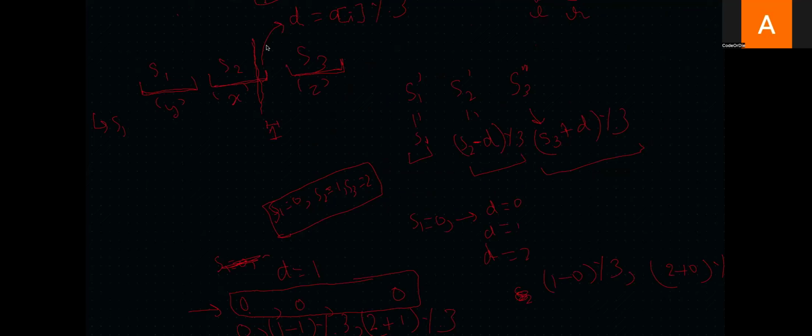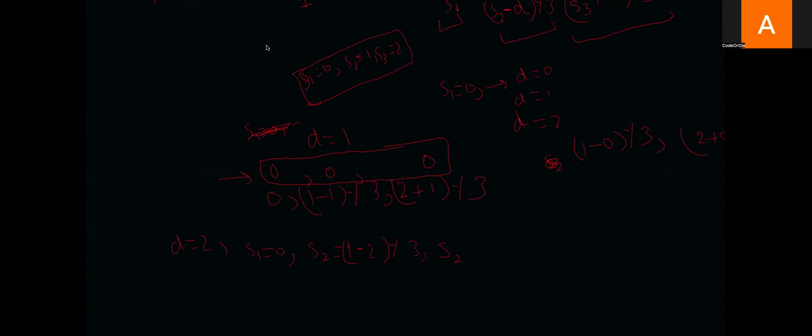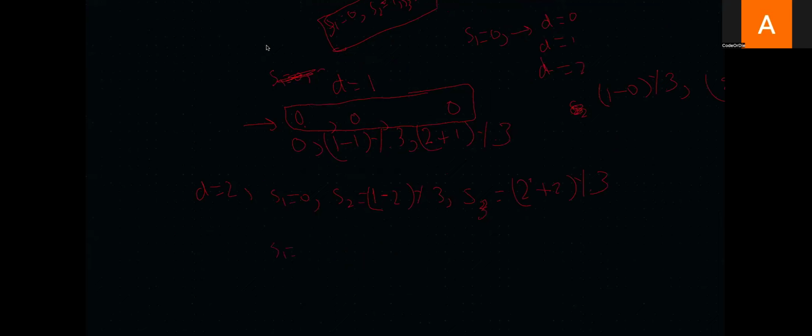So 1 minus 2 modulo 3, and S3 is equal to 2 plus... what was S3? Yeah, 2 plus 2 modulo 3. So what's your S1? It's 0 minus 1 modulo 3, which is, I guess, 1 minus 2 plus 3 modulo 3.